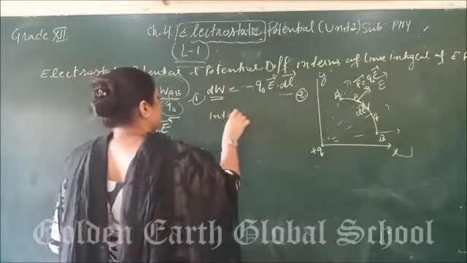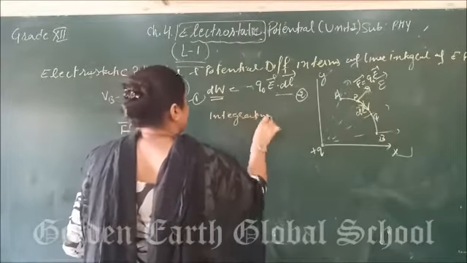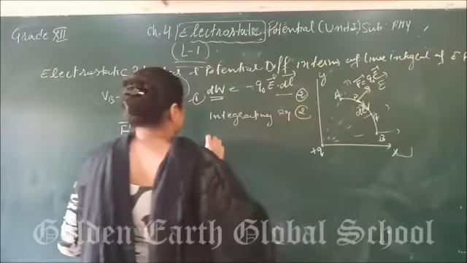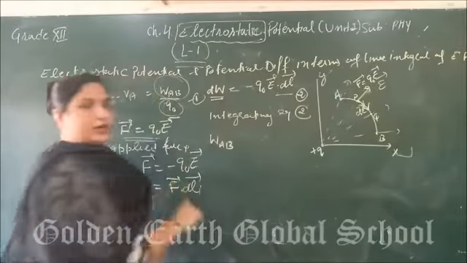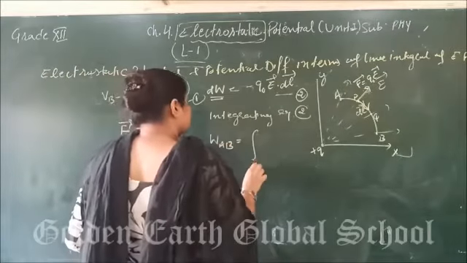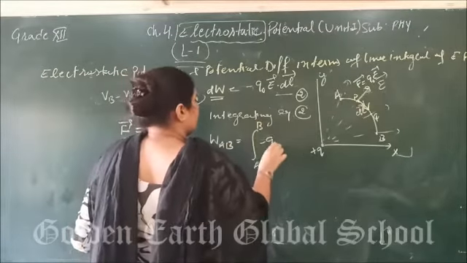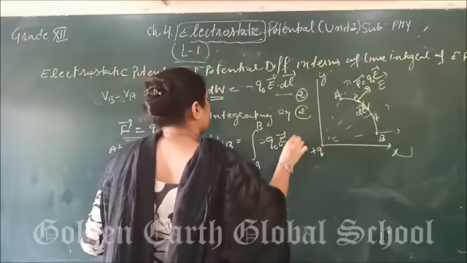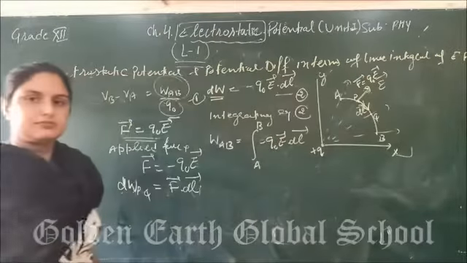Integrating equation 2, you get the total work done from point A to B. So the total work done will be equal to the integration from A to B of minus Q naught E dot dl.